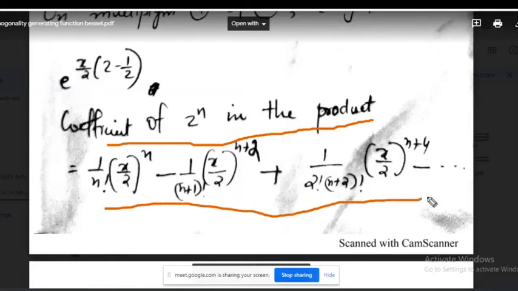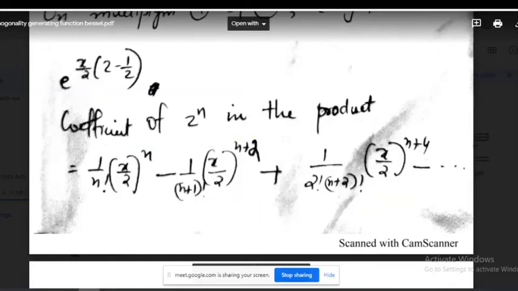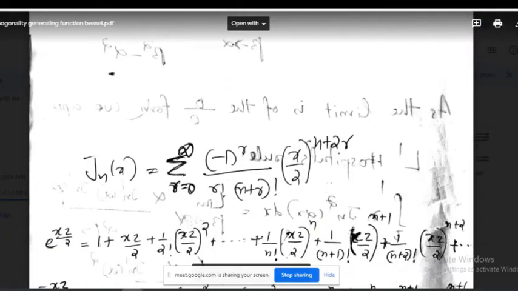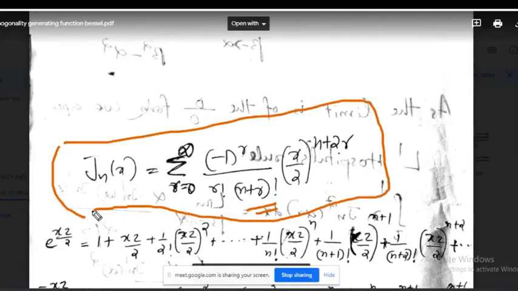This is exactly the Bessel function, because we know the Bessel function Jn of x, if I write it in terms of factorial n plus r and r factorial. So as I take the series, the first term is 1 by n factorial x by 2 to the power n.